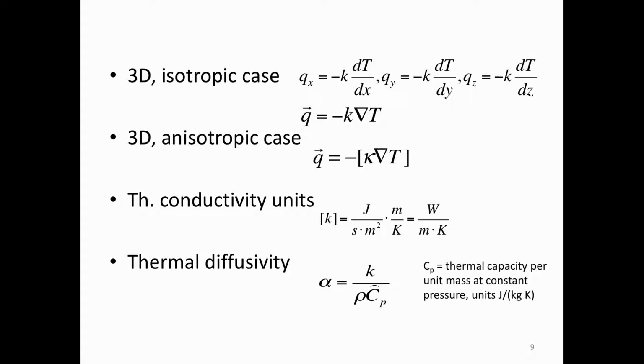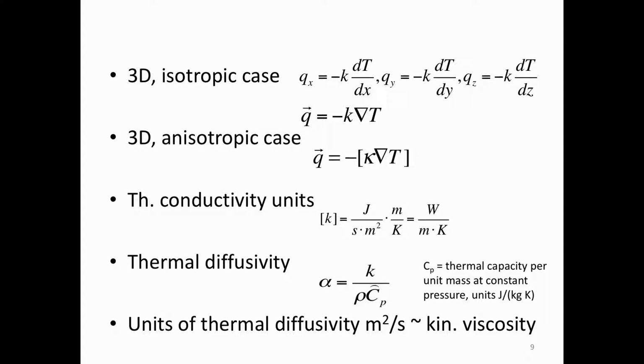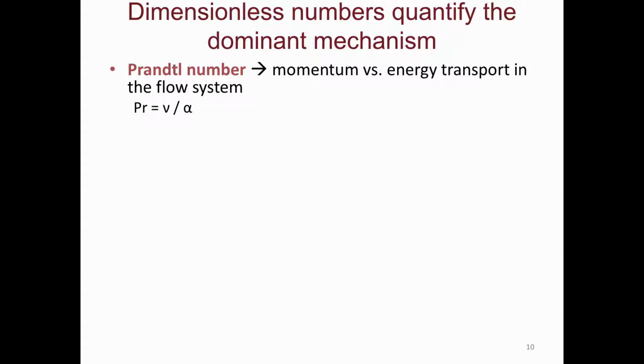So if I define thermal diffusivity, which is K divided by rho and the thermal capacity per unit mass, I get units of meter squared per second, which allows me to compare it with kinematic viscosity, for instance. That comparison typically tells me which of these types of transport is the dominant one that I should focus on.